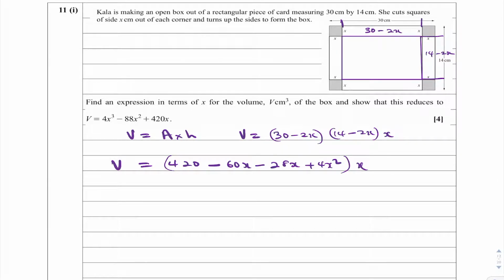So we need to simplify. So I get 420 minus 88x plus 4x squared, all times x. And that's V.